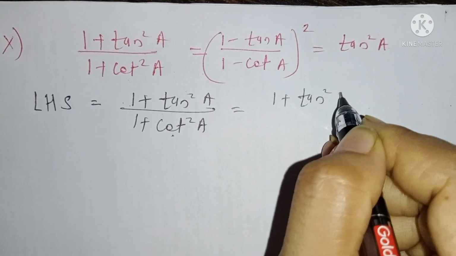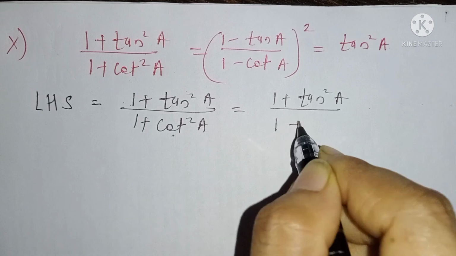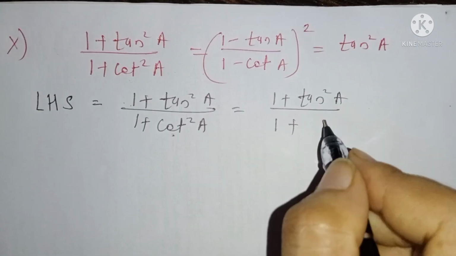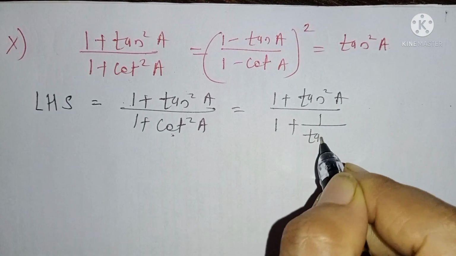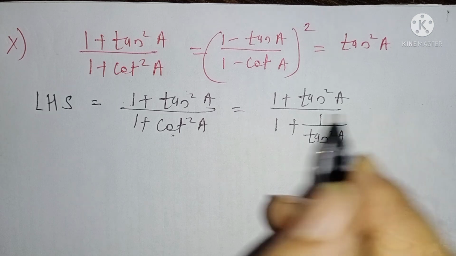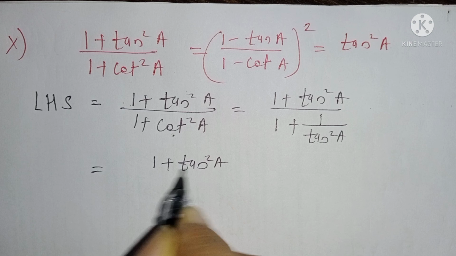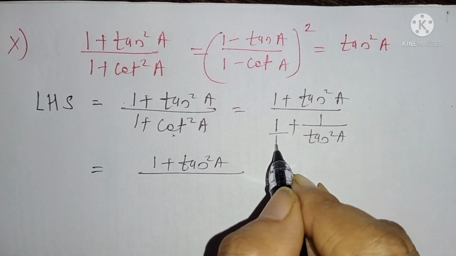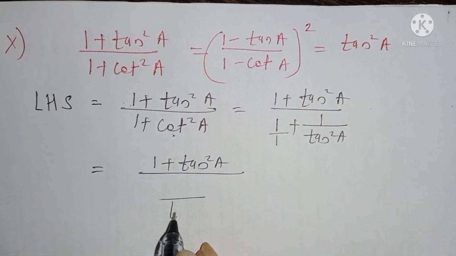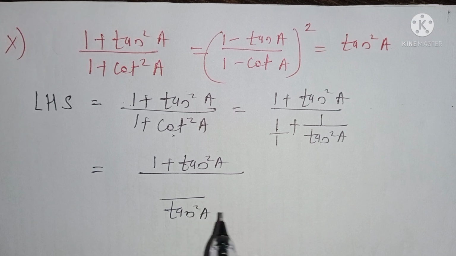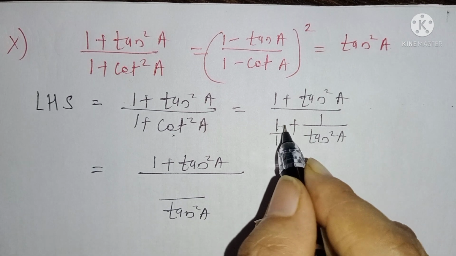So 1 plus tan square A as it is, upon 1 plus cot square A, which can be replaced by 1 upon tan square A. Then take the LCM. 1 plus tan square A as it is, and in the denominator this is 1 upon 1, so LCM is tan square A, right?